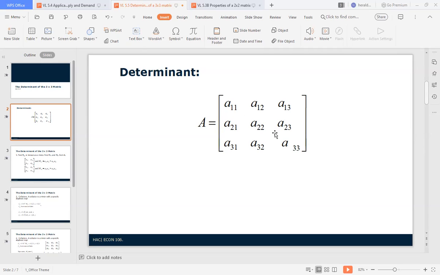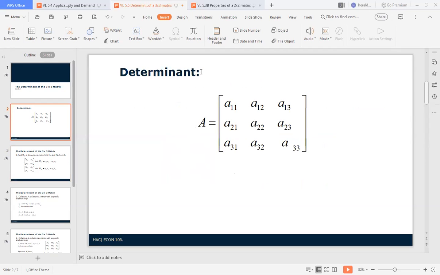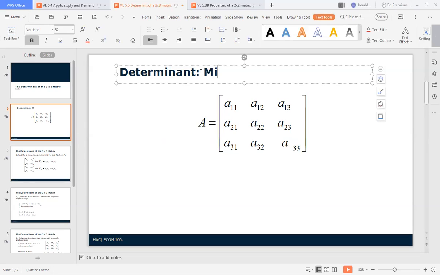Again, if I say A33, you know where to look for that. If I say A32, you also know where to look for that. If you're using expansion as a method to solve the determinant, we will come across two words. We have minors and cofactors.